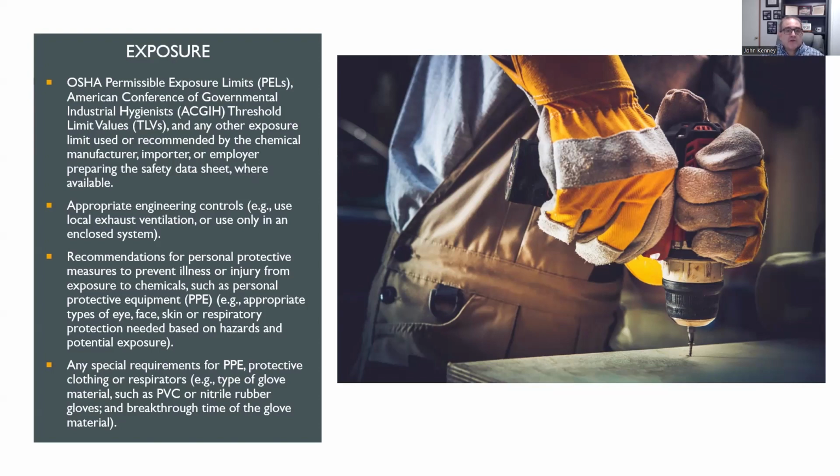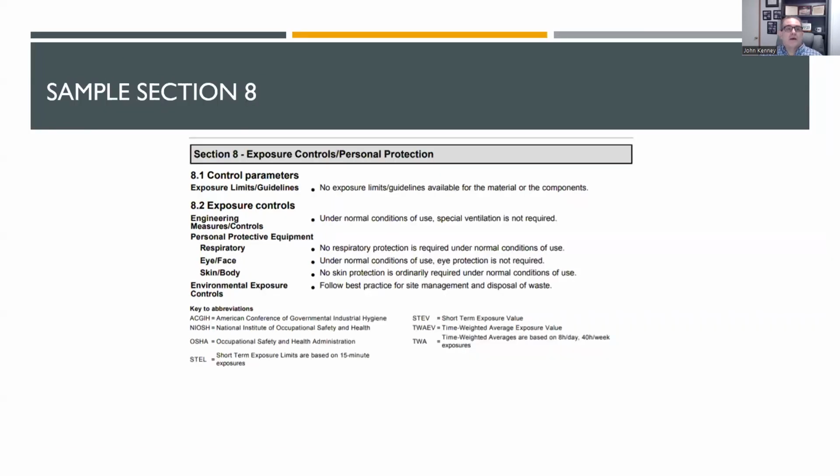Any special requirements for PPE, such as gloves, materials, such as PVC or nitrile rubber gloves, breakthrough time of the glove material, etc. So again, on this section example, control parameters, no exposure limit guidelines available for the material or the components. Exposure controls, under normal condition of use, special ventilation is not required.